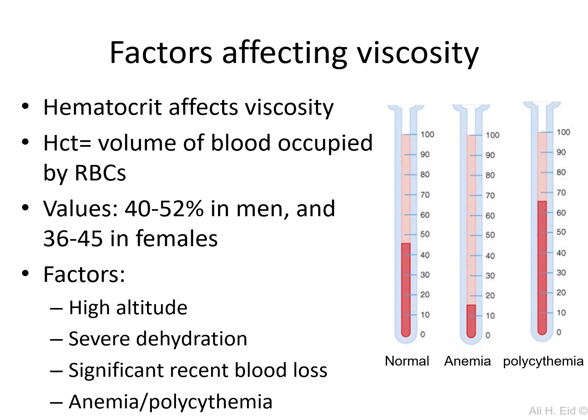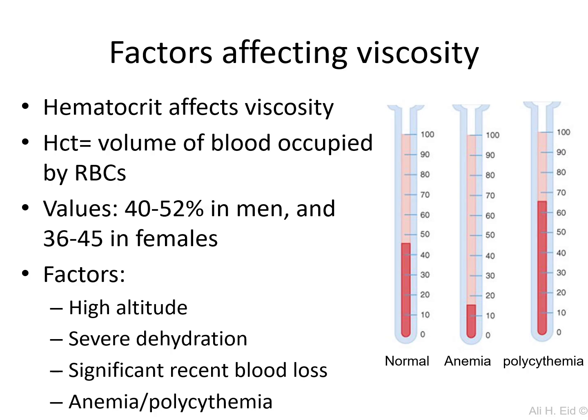The factors that would affect this would be high altitude, and that makes sense because at higher altitude the level of oxygen is decreased and the body is fooled. The body will start to think that if there's no oxygen, maybe there are not enough RBCs, so the body responds by increasing the quantity of RBCs that are made, and that's going to lead to an increase in the hematocrit.